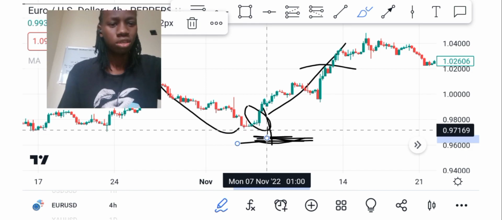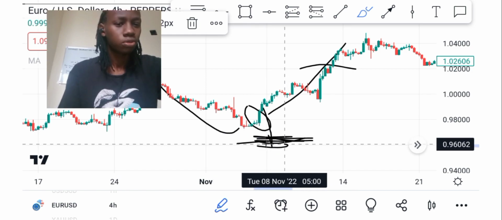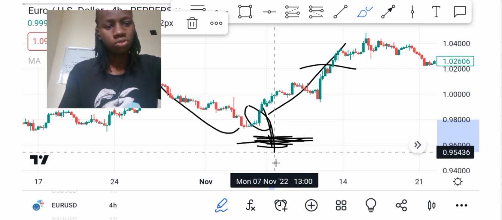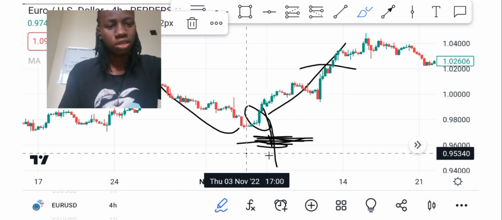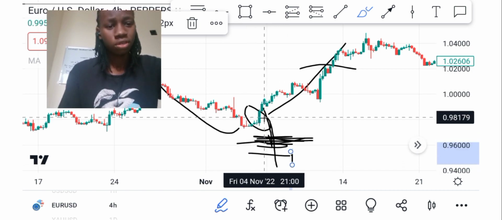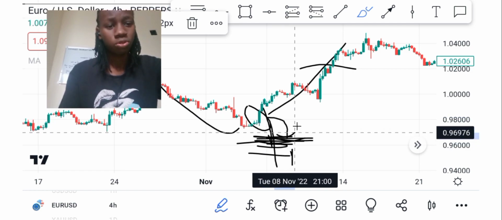So automatically, if price gets to that zone, or that area you put your stop loss, it will automatically come out. So in case price continues going down, you won't incur these losses around this area. The only losses you incurred were just this short area that you had predicted to get the losses.